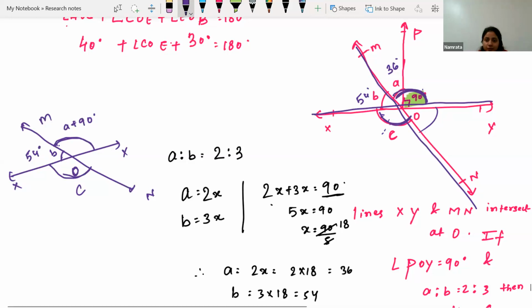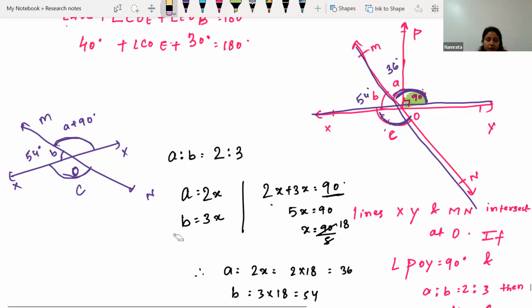Yes or no? Yes. Okay, so if you are still having confusion, let me wipe. You can see, C will be equal to 90 plus A over here. That's what I am saying.